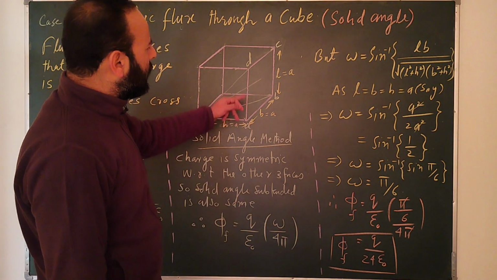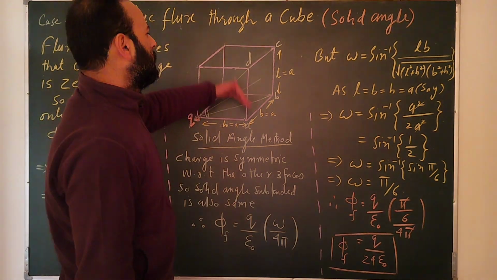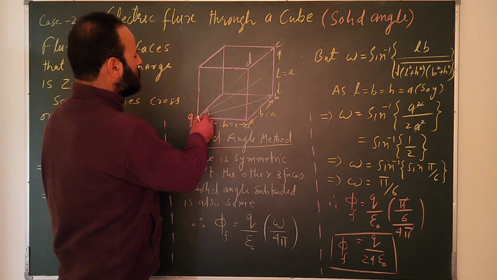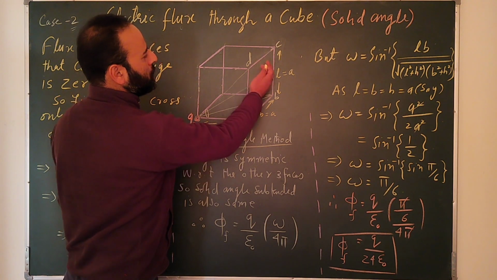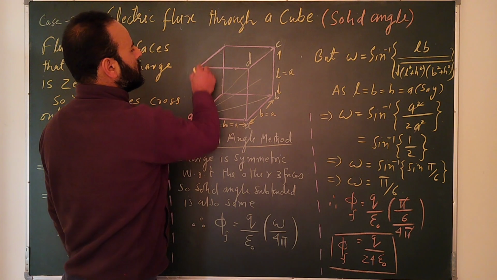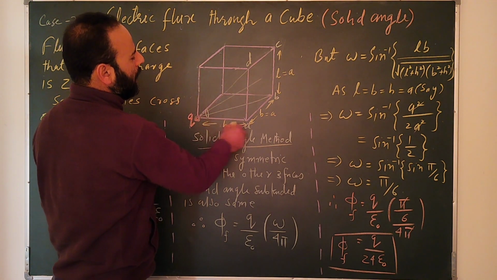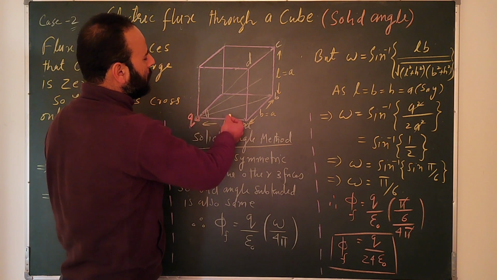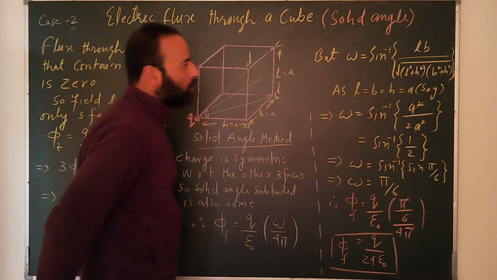But what is the solid angle subtended by this face? That will be the solid angle subtended by other faces also. Because this face is at a distance of h from the charge, and this face is also at a distance of a from the charge, h is equal to a, and similarly this face is also at a distance of a from the charge because this is a cube.